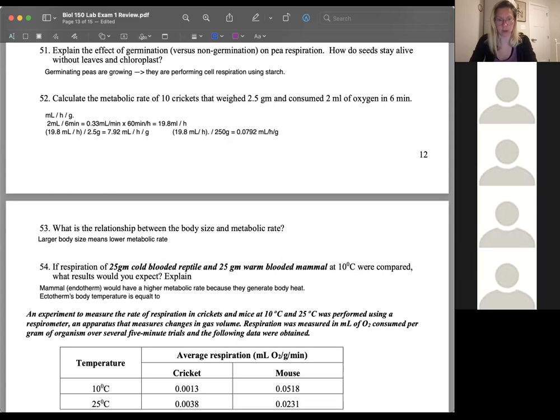It is equal to that of the environment. Okay.